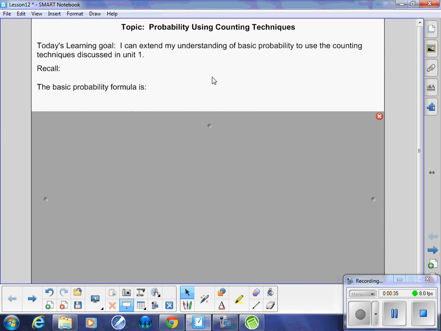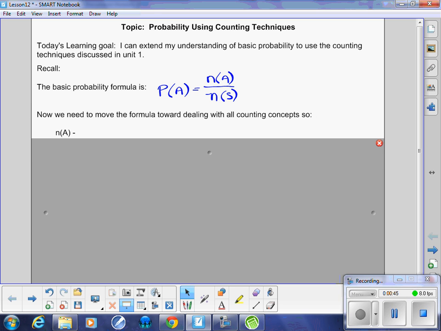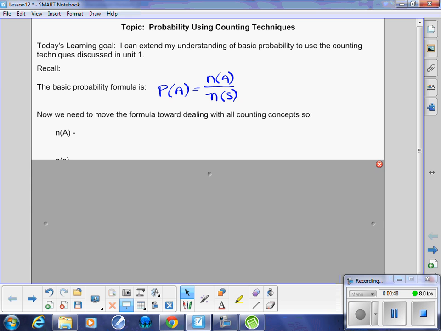The basic probability formula again is the probability of event A occurring is n(A) over the total number of outcomes, n(S). So now we need to move the formula towards dealing with counting concepts.